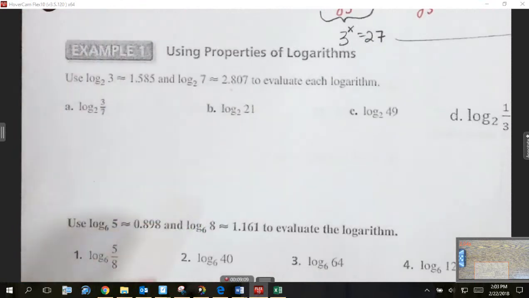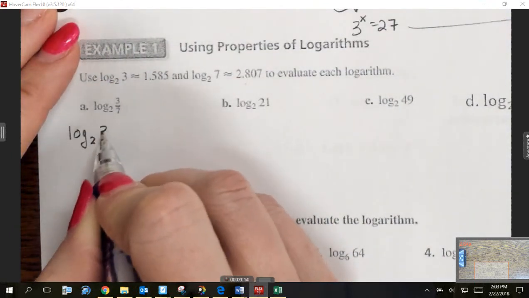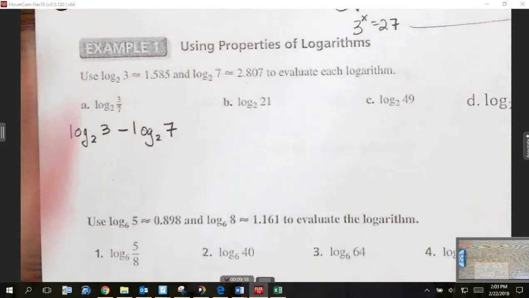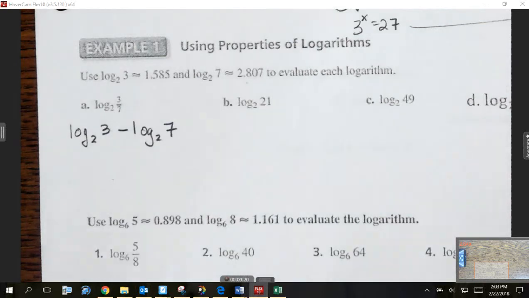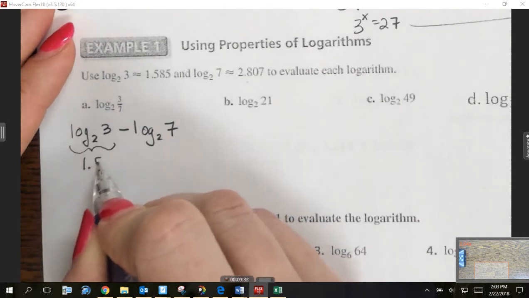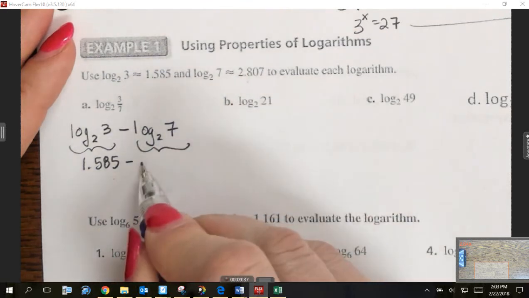So I'm going to rewrite it as separate logarithms and have log base 2 of 3 minus log base 2 of 7. That's using the quotient property. And I separated those because there's an answer for log base 2 of 3. What's log base 2 of 3? Log base 2 of 7.